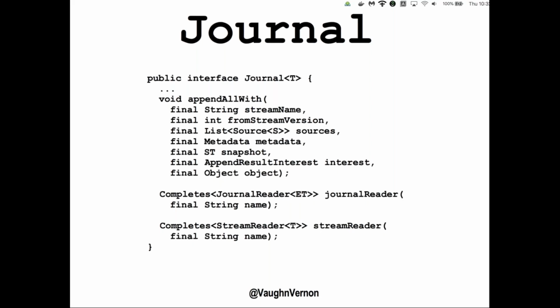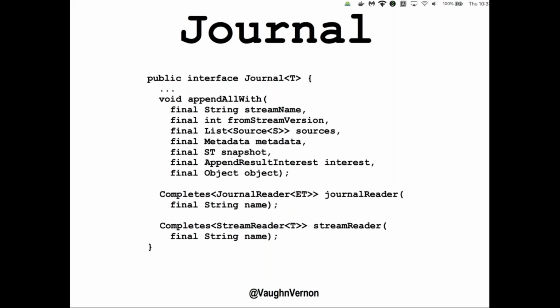The journal reader is the means by which you read from beginning to end of a given journal. So the first event that ever happened in this service or bounded context down to the last that is currently available, and you can keep that reader open to continue to read as new events become available.